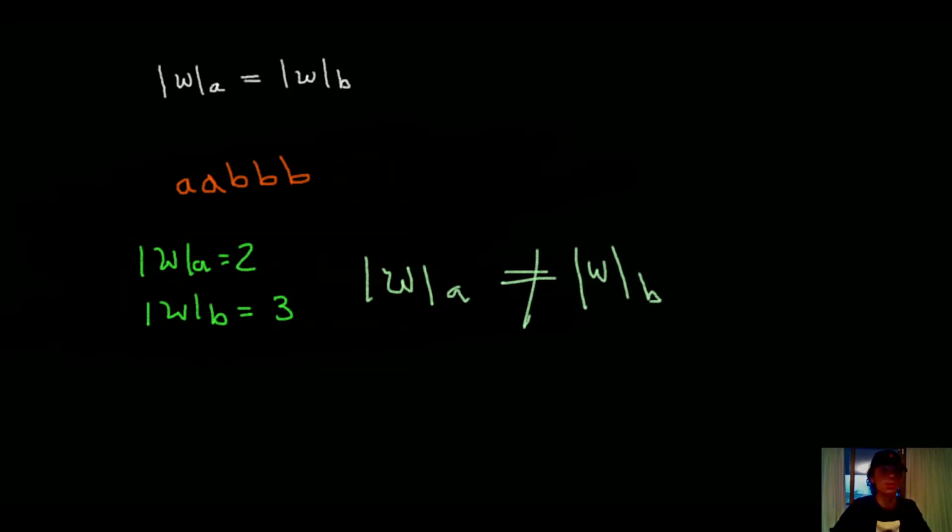So we come to the conclusion that the condition is not satisfied, and since the condition is not met, the word does not belong to the language L. So our PDA, our pushdown automata, mustn't accept this word as an accepting word.